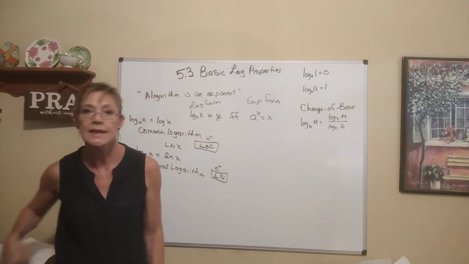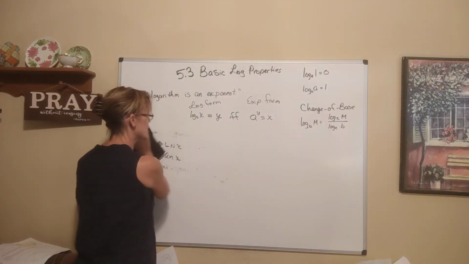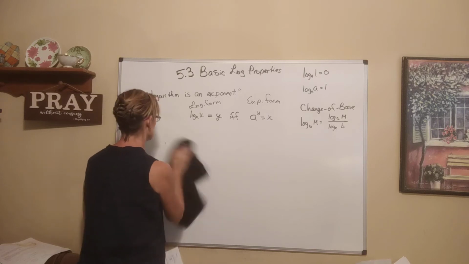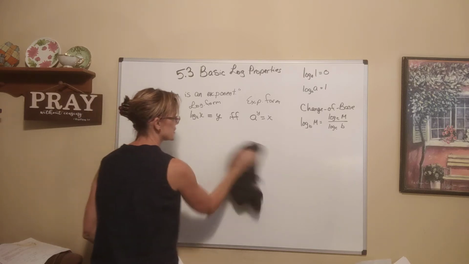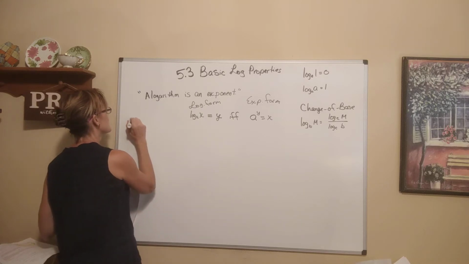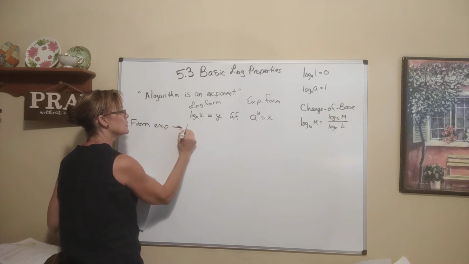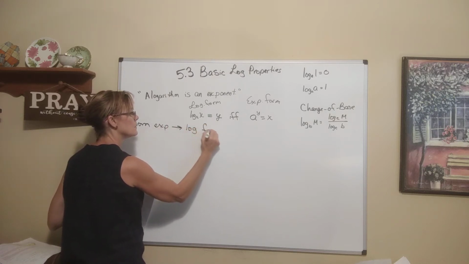So it goes like this. If they say change from exponential to logarithmic, since you have it on a worksheet, I'm just going to abbreviate here. We're going from exponential to logarithmic form.